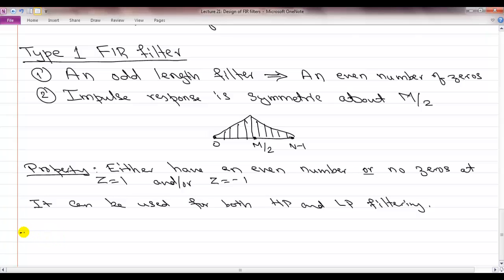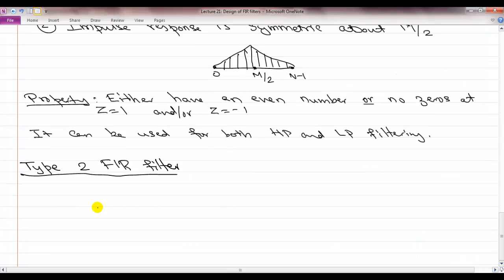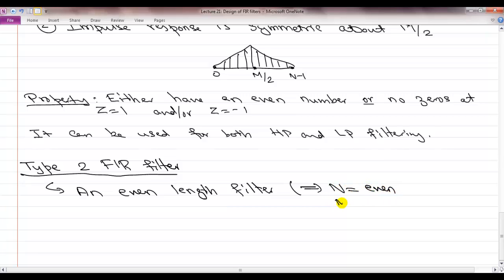Now, we can talk about the type 2 filter, which is just like the type 1 filter, but with an even length, which means that n is even, and so the order M, which is n minus 1, is odd.